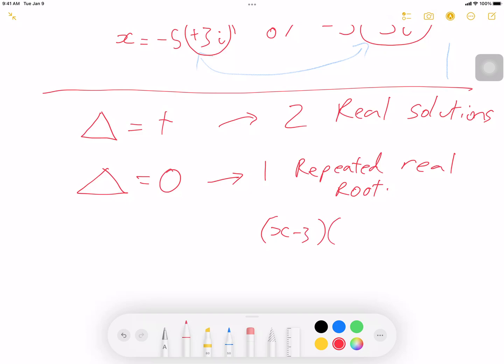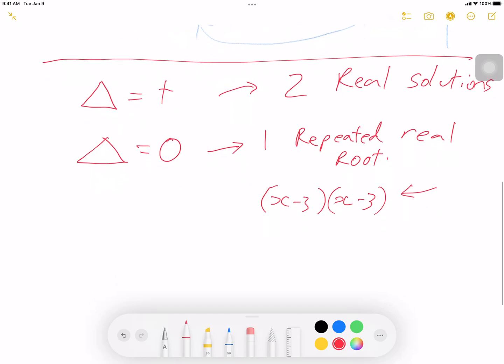If I put another bracket on there, I'd get another root, but my discriminant was 0, so I'm only allowed one solution. It's got to be the same solution for that bracket as well. So it's a repeated real root, which could be written with a square instead of writing the bracket twice.